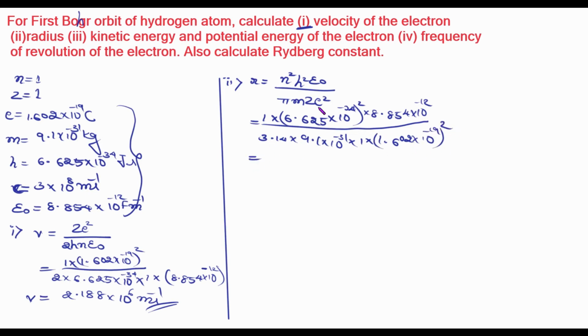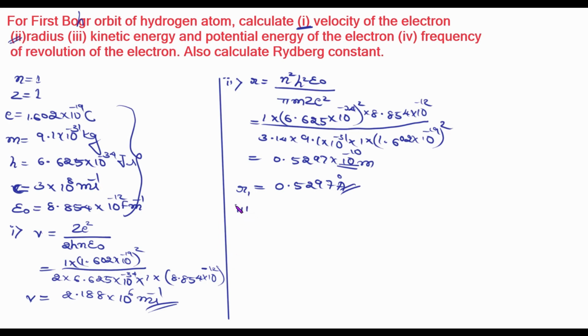If you solve it properly, you'll get 0.5297 into 10 to the power of minus 10 meter. This 10 to the power of minus 10 meter you can write as angstrom, so 0.5297 angstrom. So this is the value of the radius of the first Bohr orbit. So this is also done.